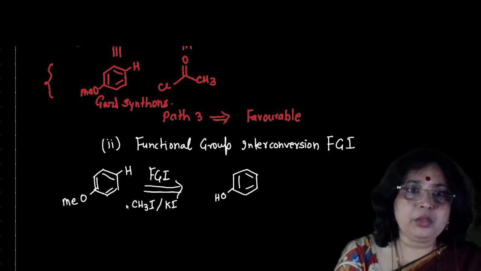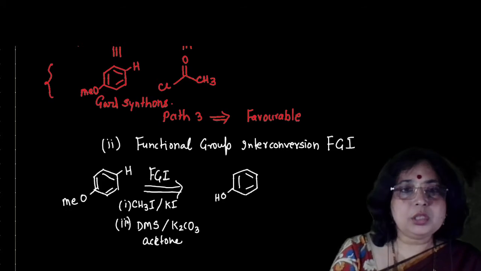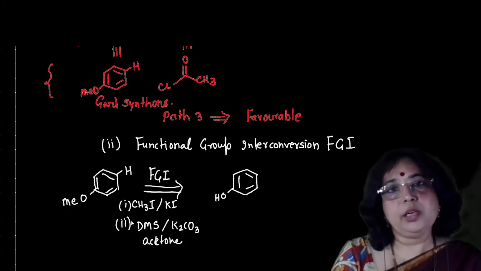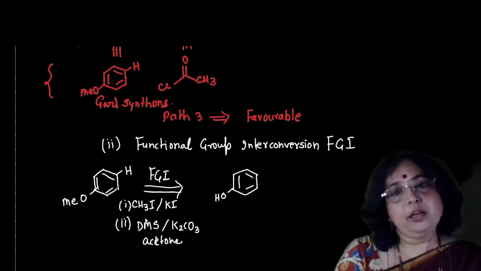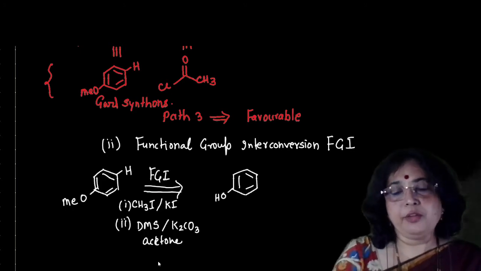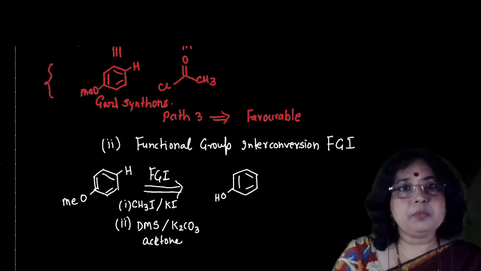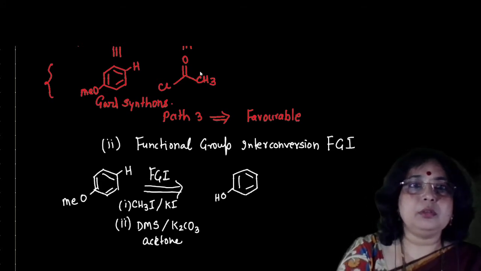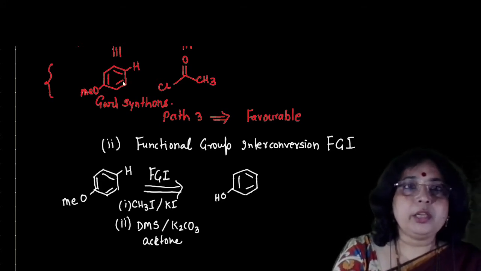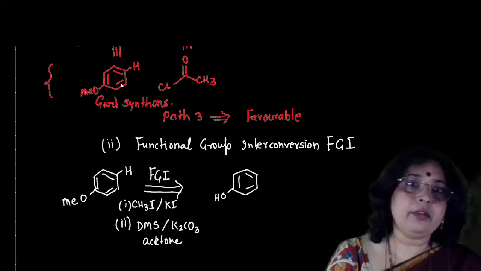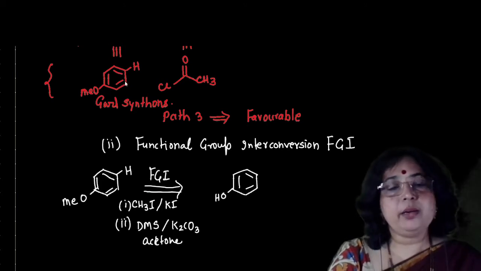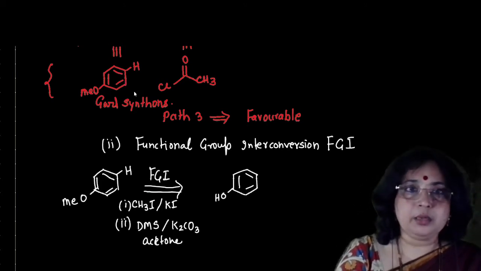This reagent can be used for the methylation. But if you don't apply FGI, it can be okay with this, because this molecule is easily available, readily available in the market, commercially available. So directly you can consider this as a starting material.